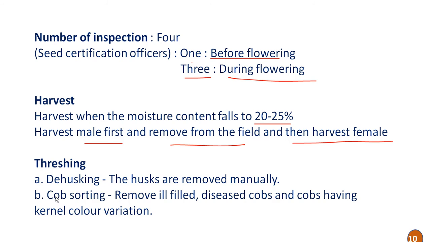Then threshing: first is de-husking, where the husks are removed manually, and after that cob sorting, that is, remove ill-filled, diseased cobs, and cobs having kernel color variation. So these are the particular criteria by which we can sort the healthy or normal cobs.